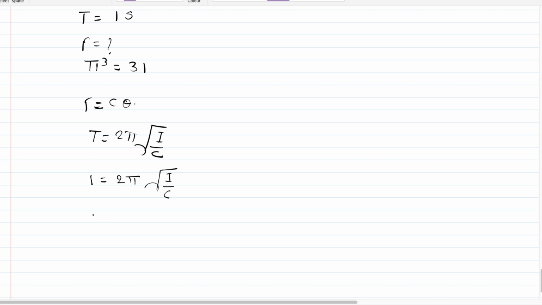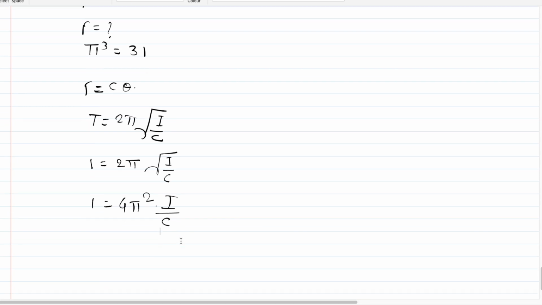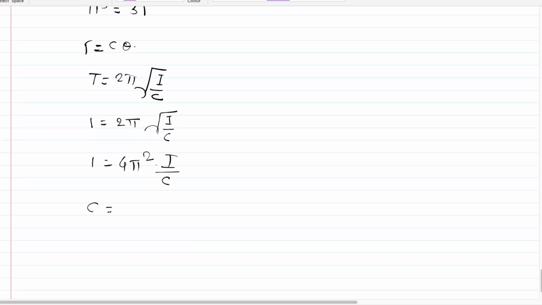Therefore 1 square is 1, equals 4 pi square I by C. Therefore the value of C will be equal to 4 pi square into I.